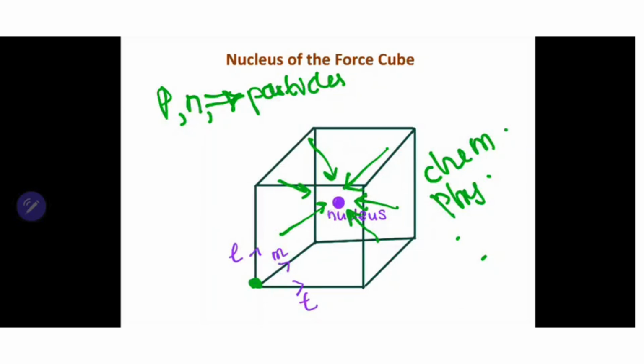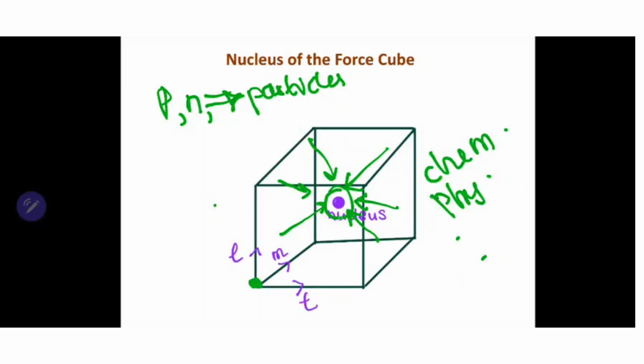Because now you see, there is no matter, there is nothing inside the force cube. There is a vacuum only, and as there is only a vacuum inside the force cube, when this nucleus is created, there is no matter in it, no particles in it.